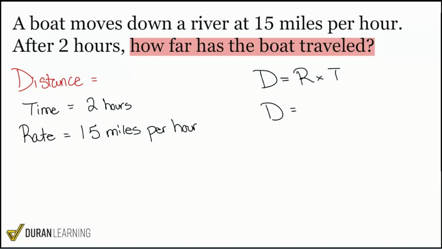So here we have the rate being 15 miles an hour, the time being 2 hours, everyone. 15 multiplied by 2, 15 times 2. That's going to be 30 miles. And there we are. Boom. Nice and easy. No stress, because we're working off of understanding and not memorization.